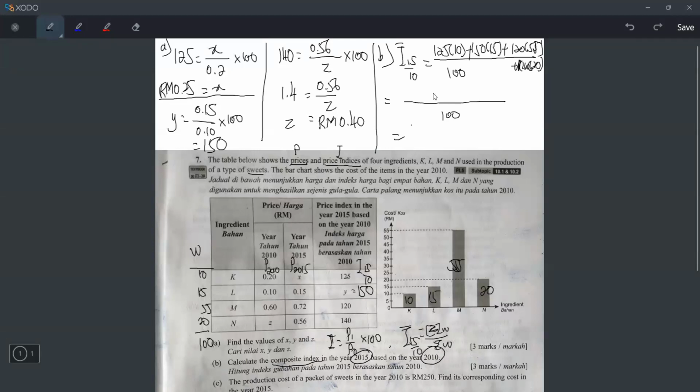Do you get the same 129? So the answer is 129. There's not enough space to show it, but that's the answer. Okay, let's move on.